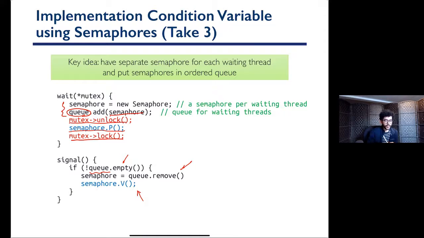Now, the problem we had in the previous take was that we were doing just mutex.unlock, then semaphore.P. And the problem was that right after we unlock the mutex and before we call P, we could have gotten interrupted. And maybe a signaler would signal, and then we would call P, and that would be bad.